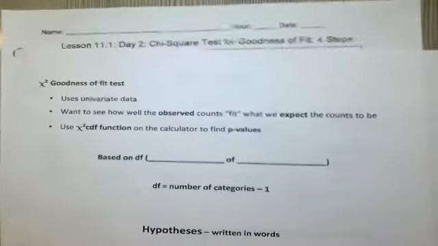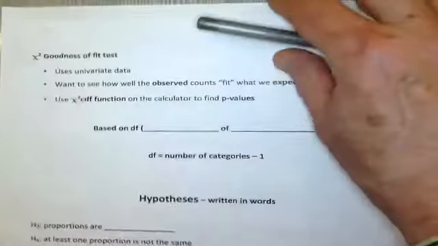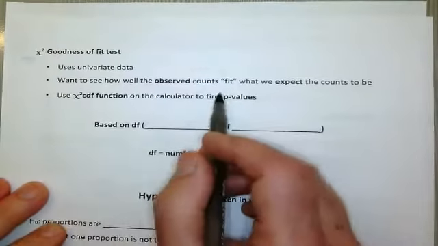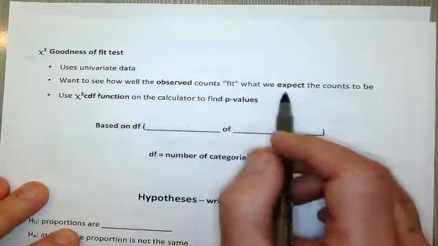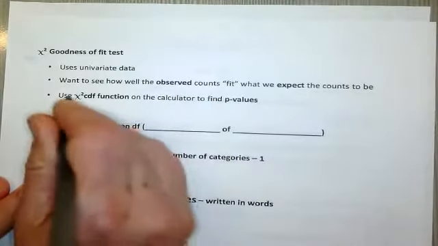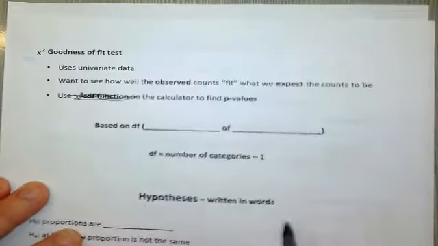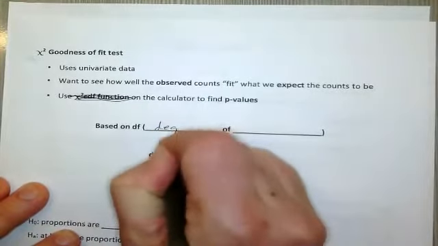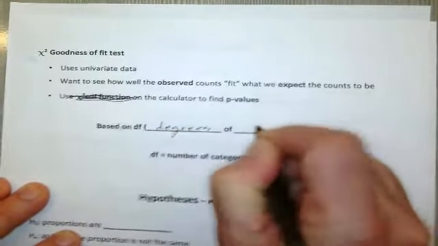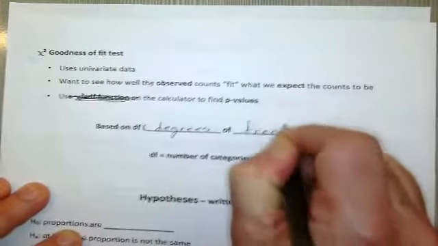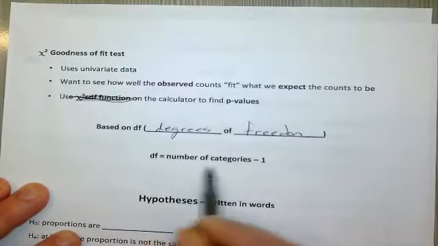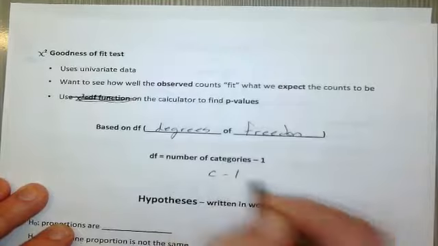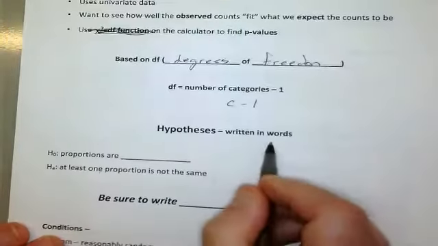So the goodness of fit, which we're going to work with first here, uses one variable data. We have the observed counts, and we fit what it expects to be. We're not going to use the CDF function. We're going to run the test. Based on the degrees of freedom, which is found by the number of categories minus one, so that's C minus one, we write our hypothesis in words.